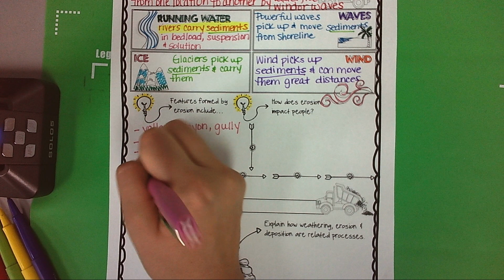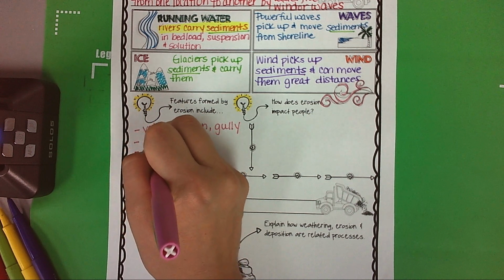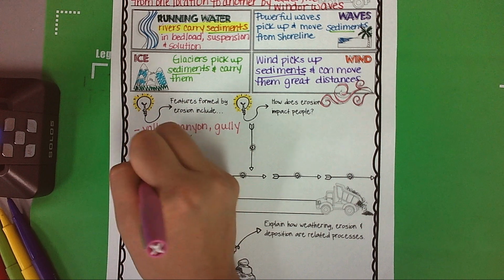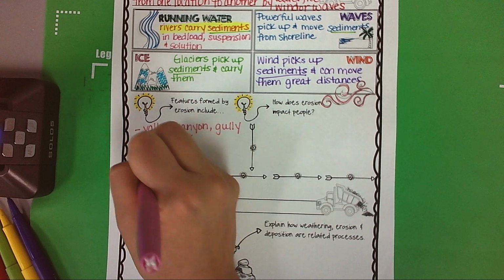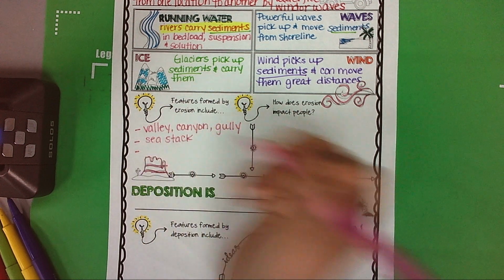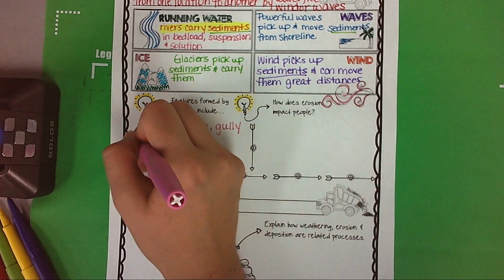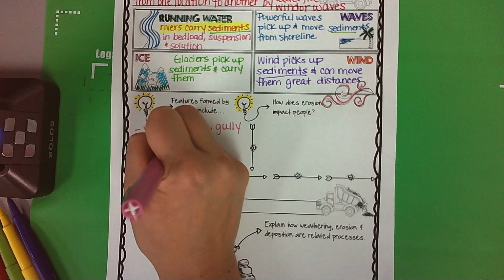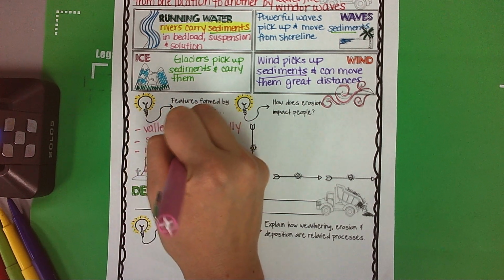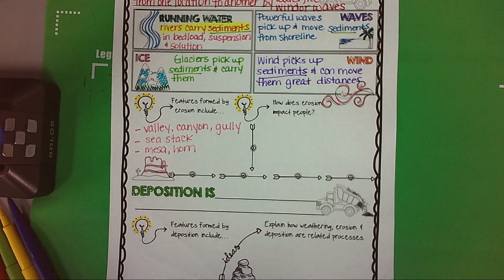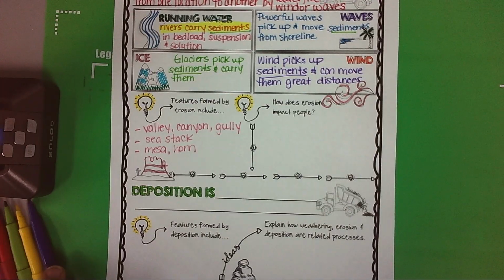Think about this picture right here. You can see all these layers. That means that rock has been moved and then it's just sitting there. There's also a mesa, and something called a horn. These are just different names of landforms.